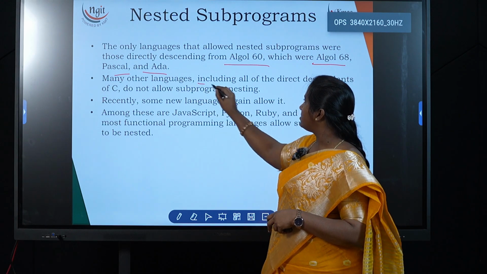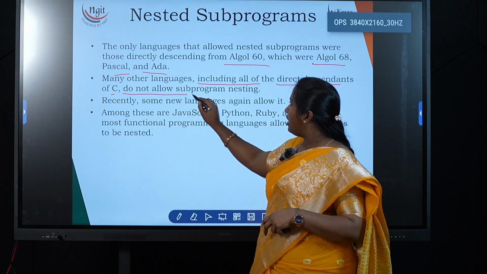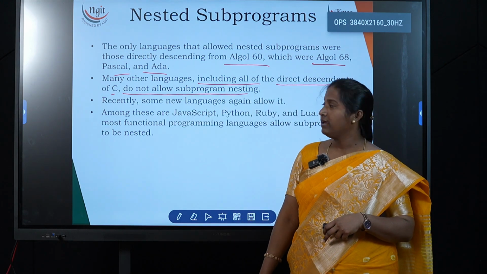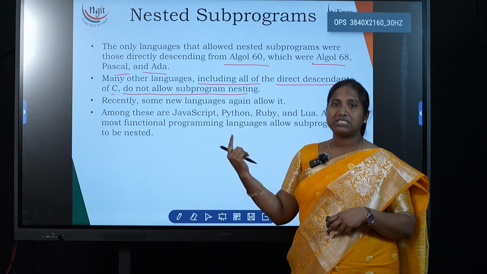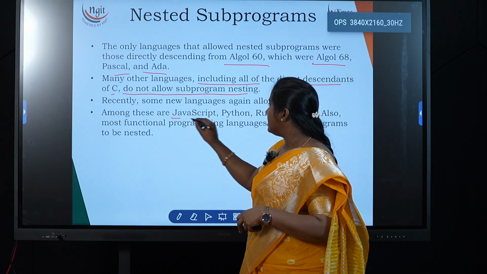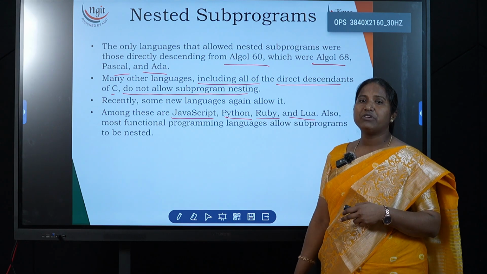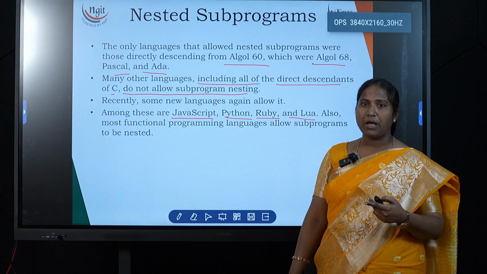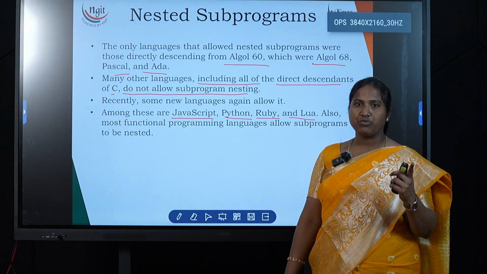Many other languages, including all of the direct descendants of C, do not allow subprogram nesting. And recently some new languages were added to support nesting subprograms, and those are JavaScript, Python, Ruby and Lua. These languages support nesting, so we can define one subprogram in another subprogram.